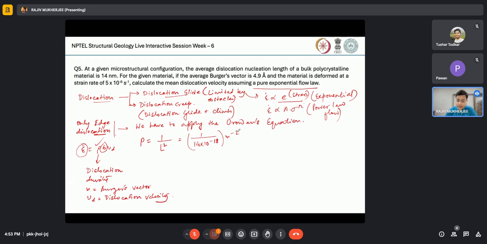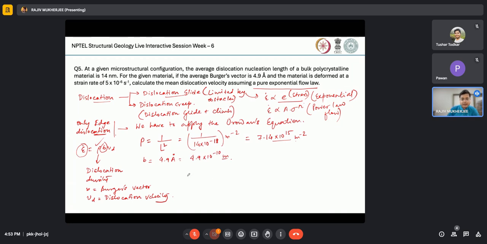So it's around 7.14 into 10 to the power 15 per meter square. So this is the dislocation density. b is the Burgers vector given as 4.9 angstrom. That means 4.9 into 10 to the power minus 10 meter, this being the unit conversion of angstrom.